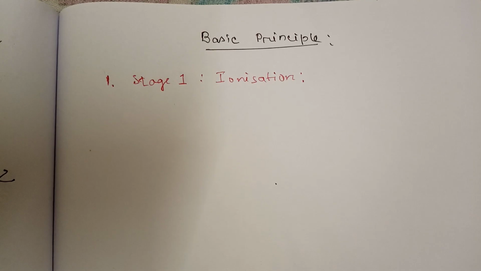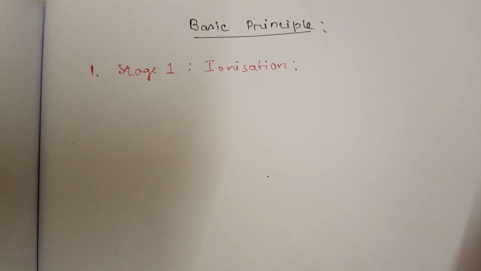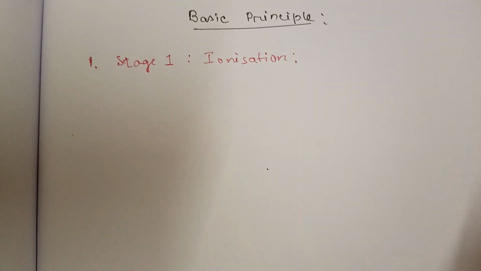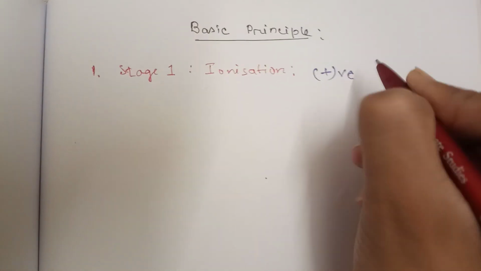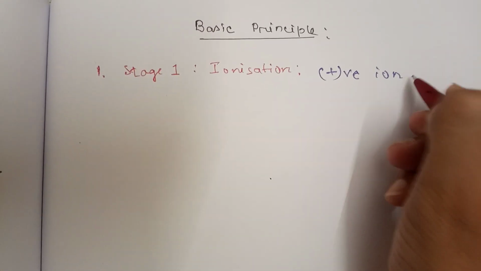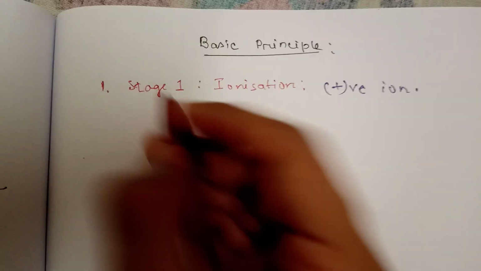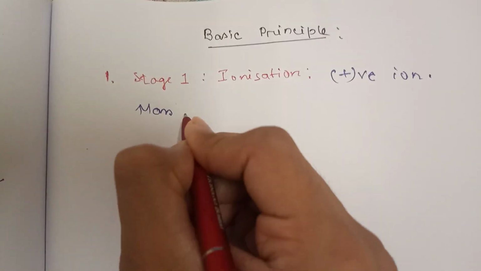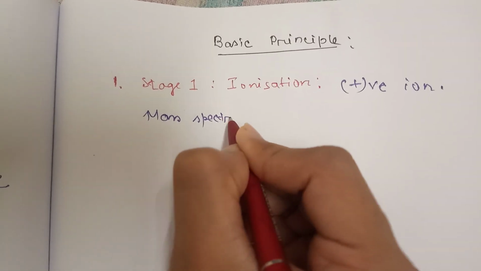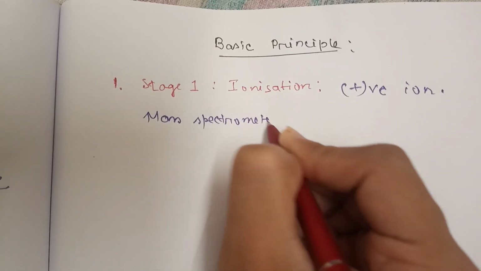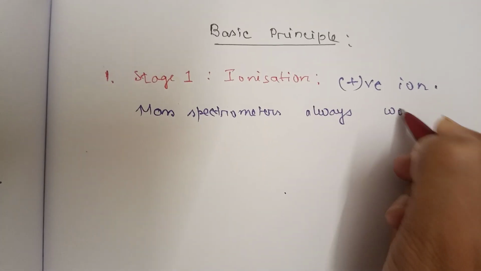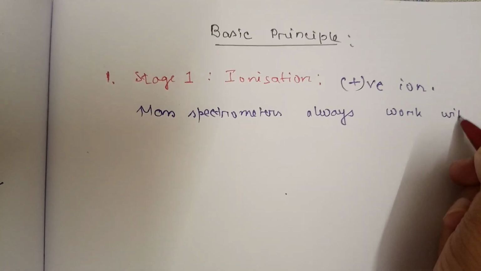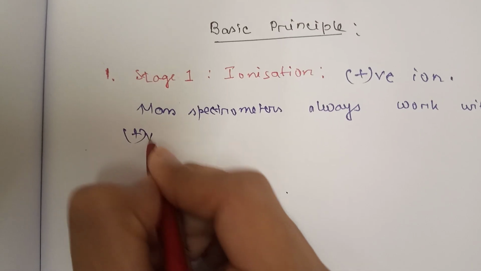As I said before, the atom is ionized by knocking one or more electrons off to give a positive ion. So it has to be a positive ion. Mass spectrometers always work with positive ions. Remember that.